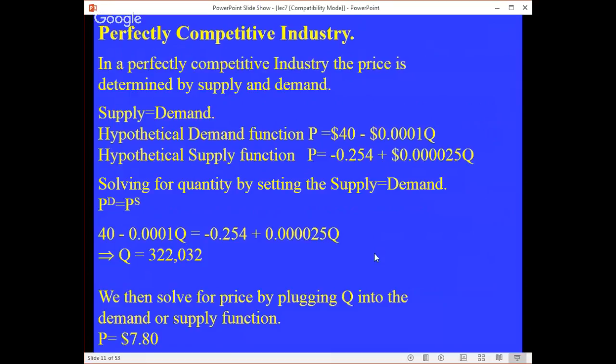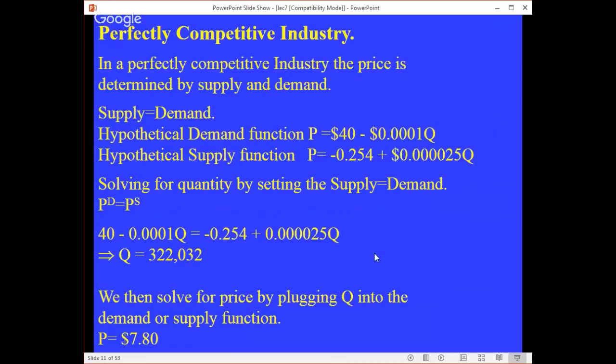And I have a hypothetical inverse supply curve, negative 0.254 plus 0.000025 Q. I set prices equal to each other right here.